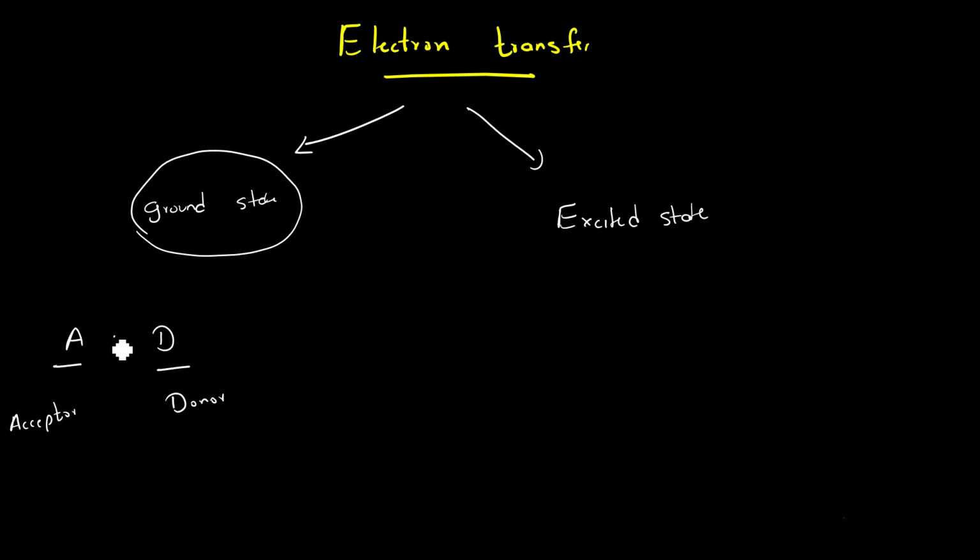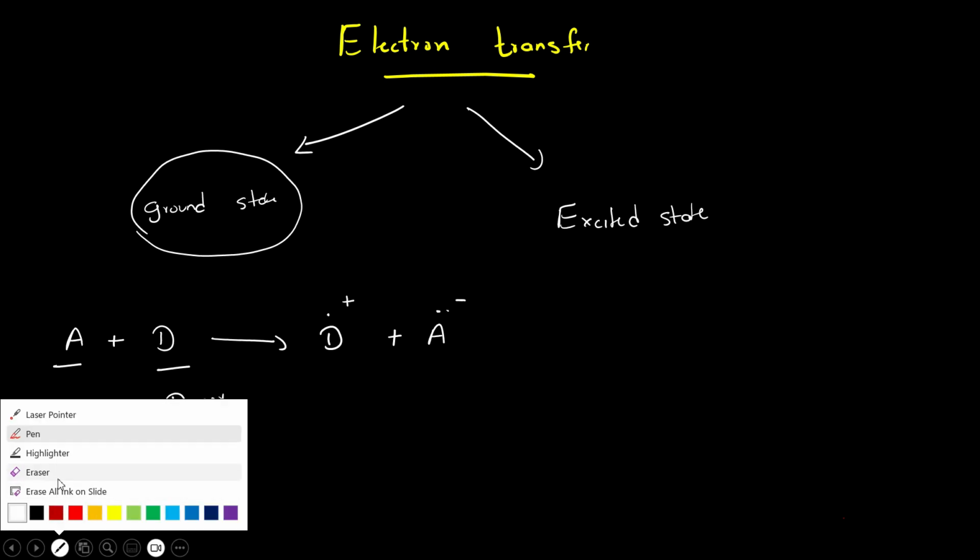Now, when these two collide with each other, what happens is one electron will be missing in our donor. So I can put our donor with a positive charge because it has lost an electron, and when I put the acceptor, it has gained an electron. So here we have an electron in the acceptor.